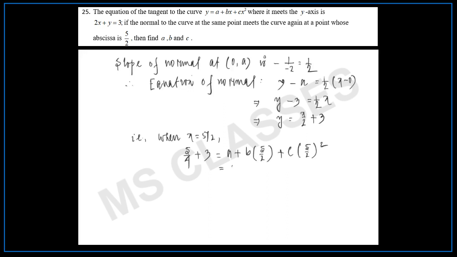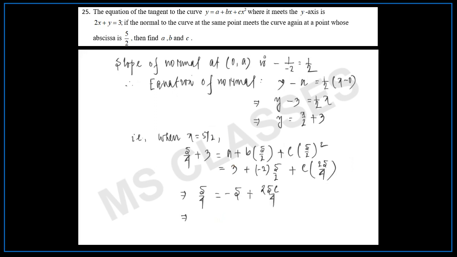Now from here we substitute the value of a, that is 3, and the value of b, which is minus 2. So we substitute here minus 2 into 5 by 2 plus c, which we don't know, into 25 by 4. This 3 and this 3 get cancelled out, and we get 5 by 4 equal to minus 5 plus 25c by 4.